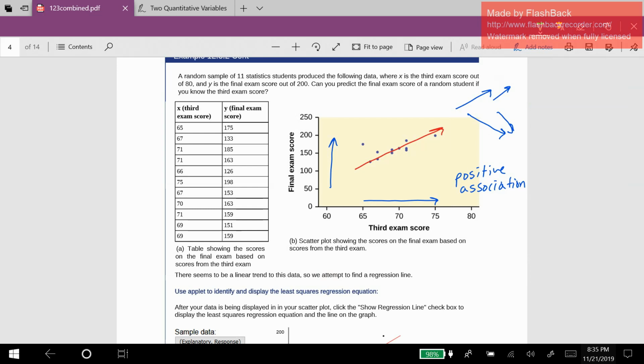Even though on the whole, as the third exam score increases, the final exam scores seem to increase, it's not always perfectly true. If we look specifically right here at this third exam score and final exam score, so this would be one student, we notice that there are students with third exam scores that are bigger, like right here, but their final exam score actually went down.